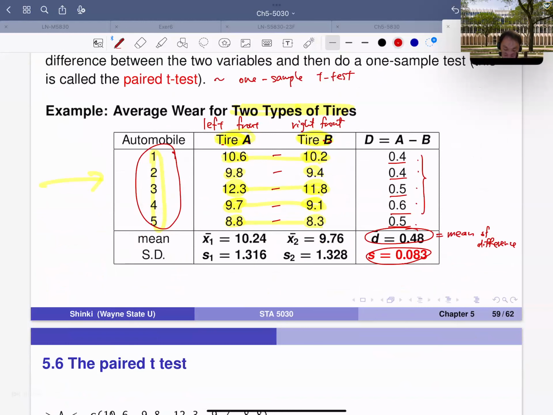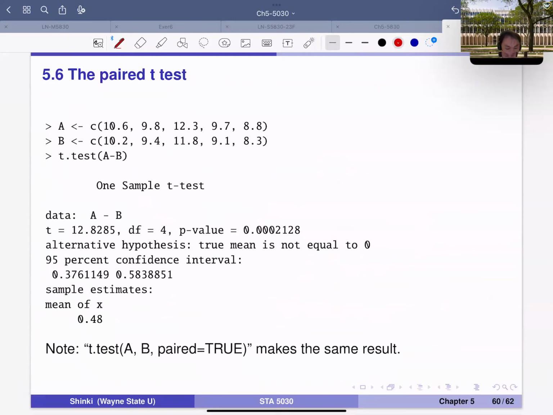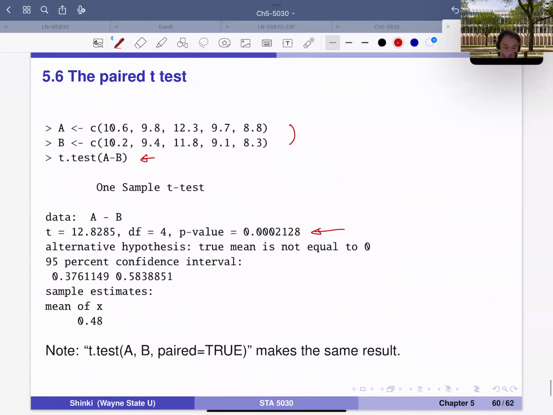Yeah, and actually, you can imagine that this difference, D, is significantly different from 0. You can see that if we take the difference between A and B and do t-test, the p-value is very small. That is pretty natural because we have, I think, the 0.5, 0.5, 0.4, 0.4, 0.6 or something.